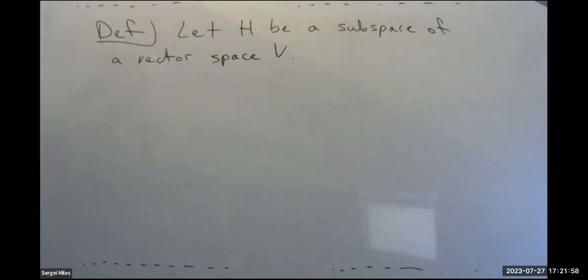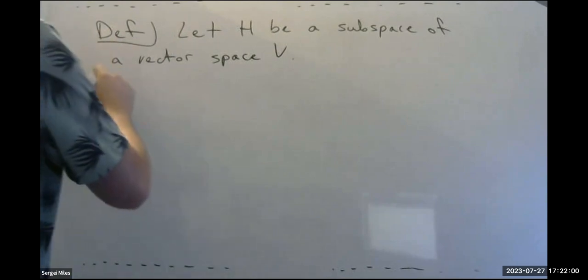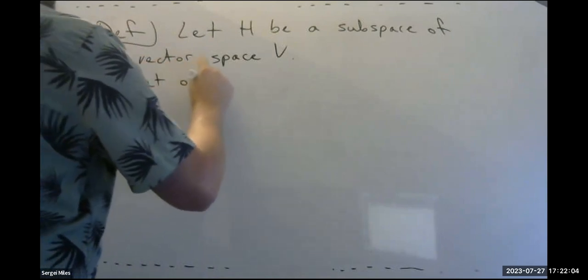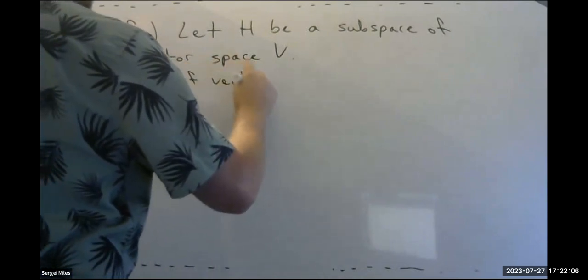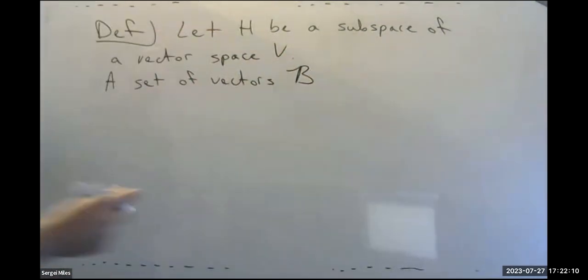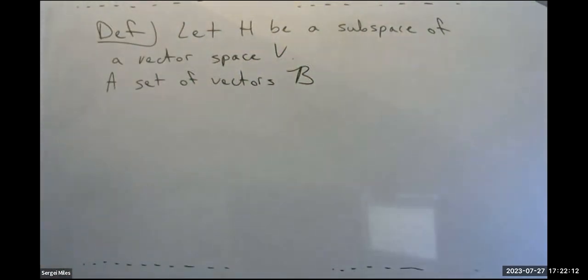We've done this before. Now we're going to consider a set of vectors, and we're going to use this fancy script B, which looks like a cursive capital B. This is going to be the notation we're going to use for a basis.